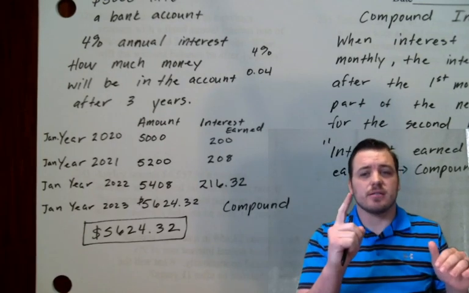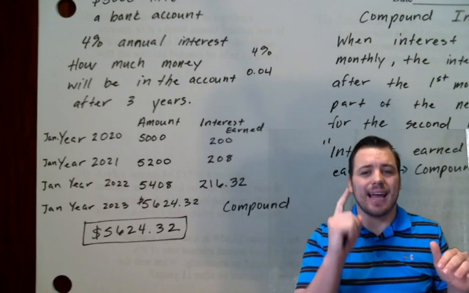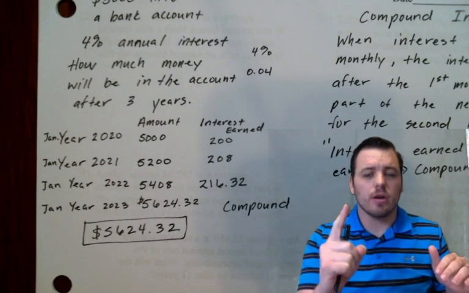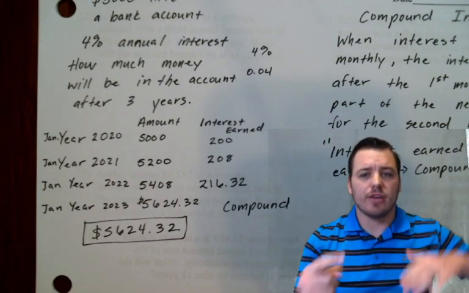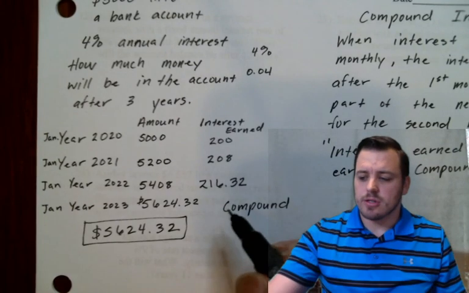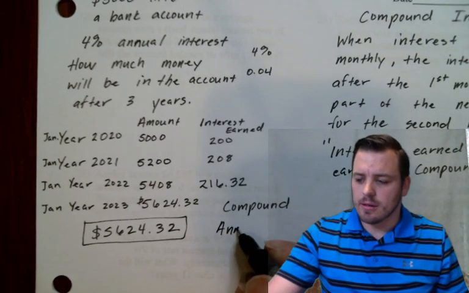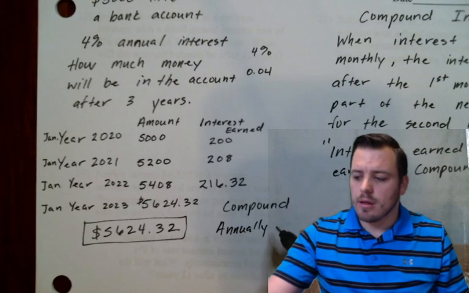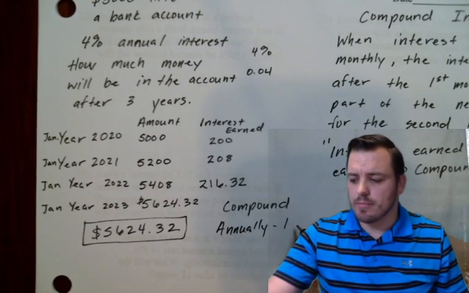They say this: we are going to compound it annually, meaning once a year we are going to pay you interest on what money is in your account. Okay, so annually is once a year, once per year.